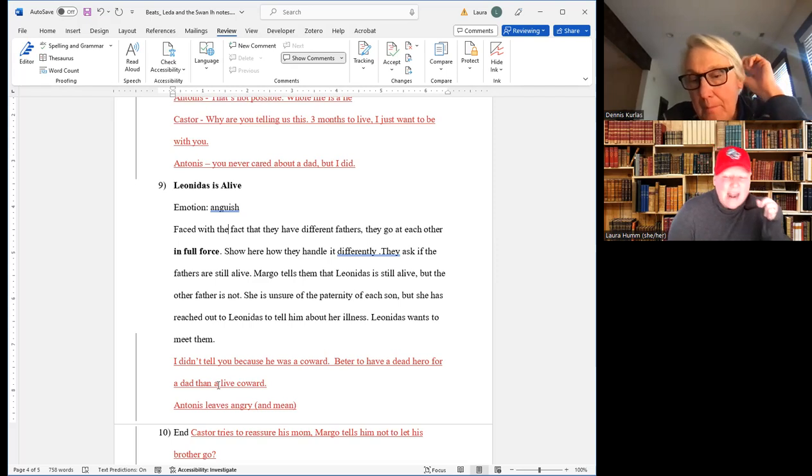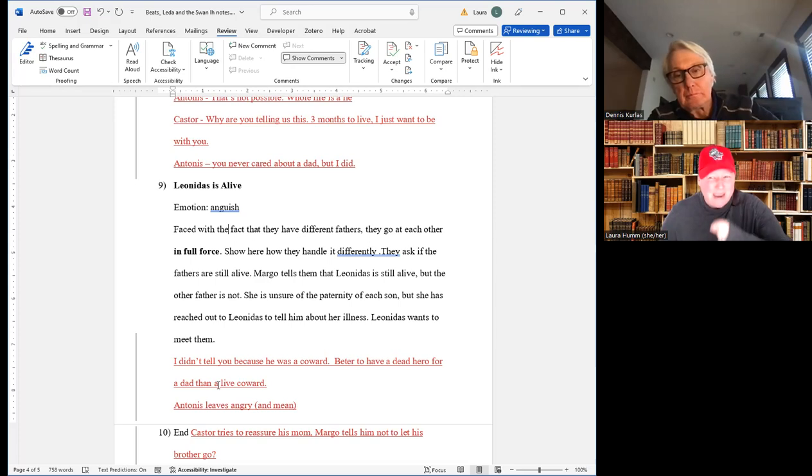And I think you can go really big and really mean because I think whatever Antonis says, Margot responds with, I know, I know. The cancer is probably my punishment. So it's not just that what he's saying is so hurtful and so painful, it's that she's been living this for their whole lives.